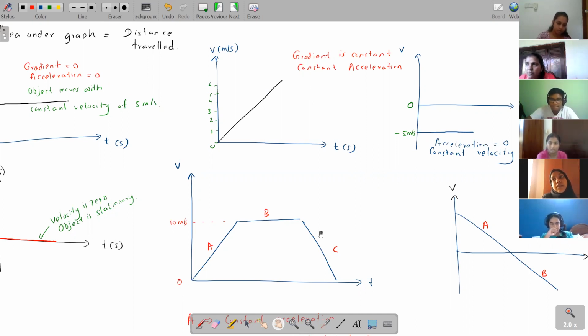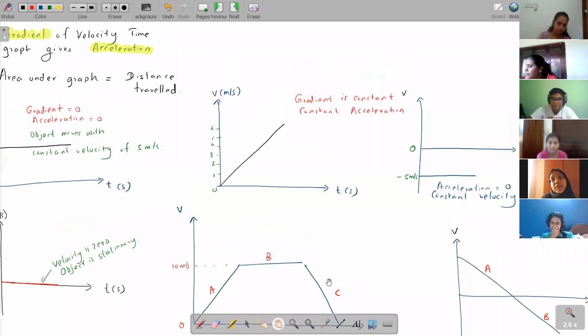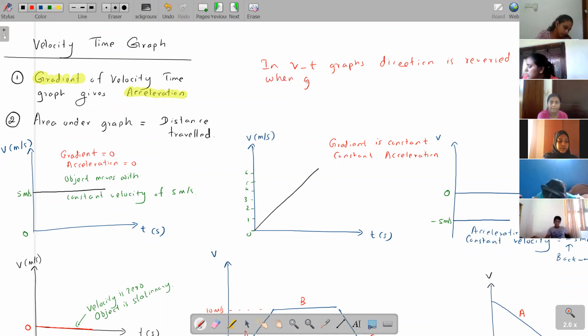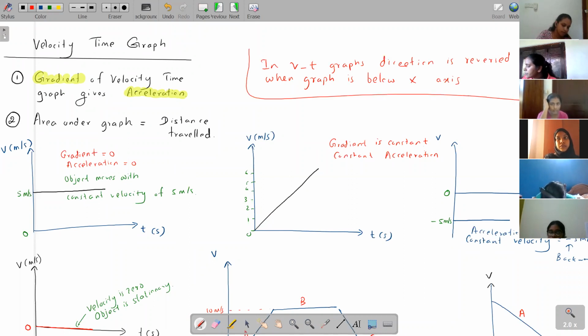In the displacement time graph, it was a different story. So remember, in VT graphs, the direction is reversed only when the graph is below the x-axis.